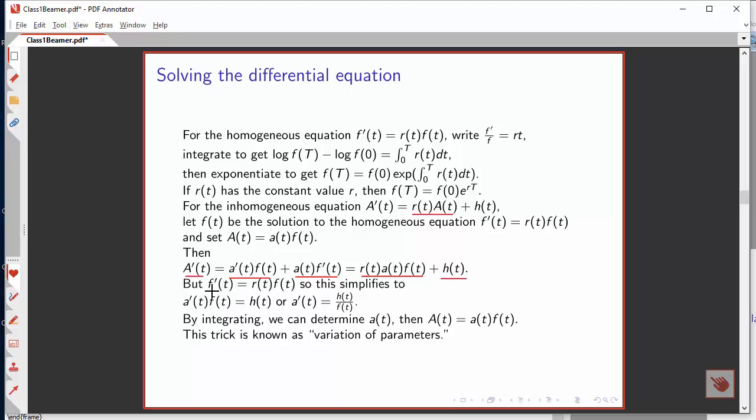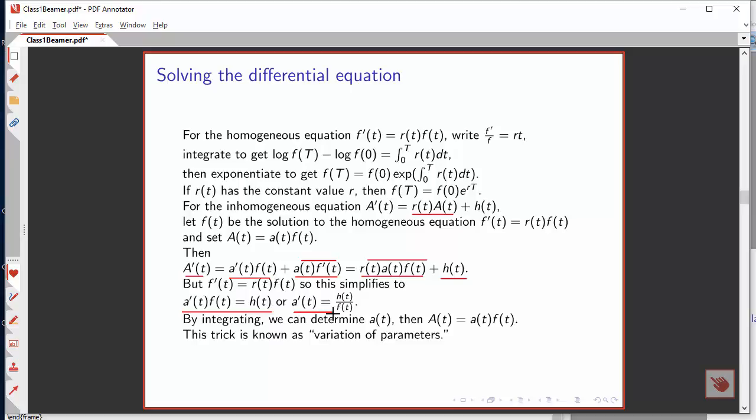But f is a solution to the homogeneous equation. In other words, f prime is equal to little r times f, and that means that this term and this term are exactly the same. They cancel out, and we now have an equation a prime times f equals h.